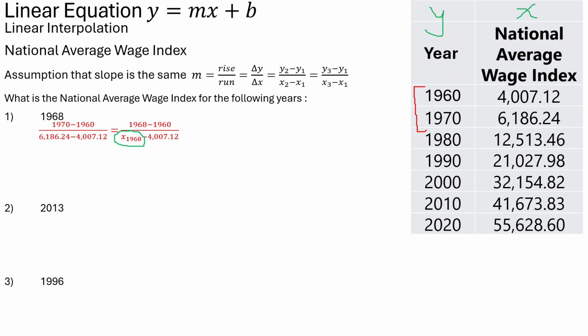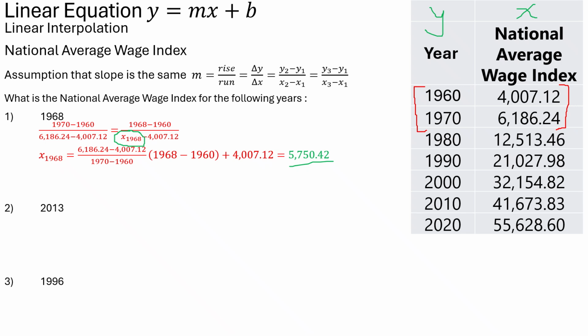It really doesn't matter. And I find that this value is 5,750.42. Again, remember, you want to check to make sure that your solution is in between your two data points, because this is interpolation and not extrapolation.